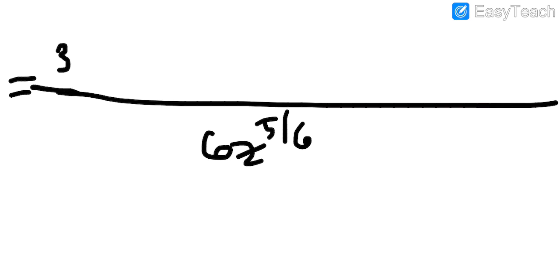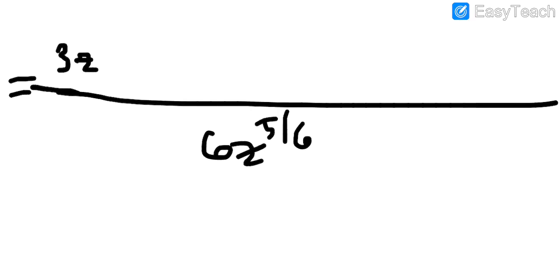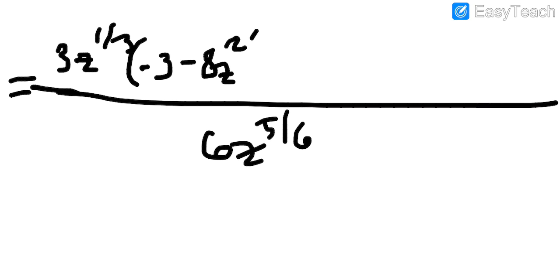So let's write it here: 3 cube root of z, or z raised to 1/3, times negative 3 minus 8 z raised to 2/3, plus.